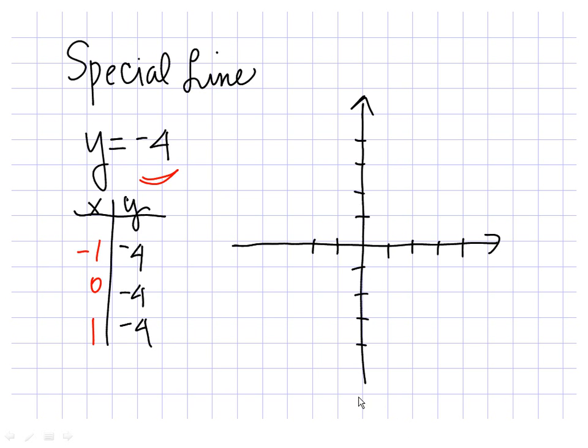Alright, let's plot (-1, -4). Go to the left, down 4. (0, -4). (1, -4). So this special line is horizontal.